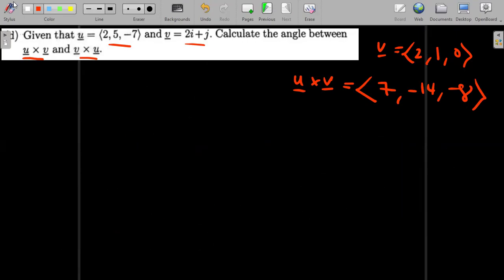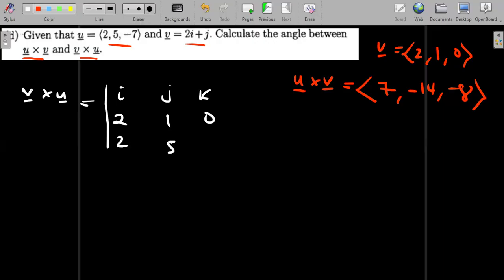To find the cross product of that one, we're now finding v cross u. We do the same: we just replace, and we have I, j, and k. My v is 2, 1, and 0, and then my u is 2, 5, negative 7. That is going to be I times 1, 5, 0, and negative 7.